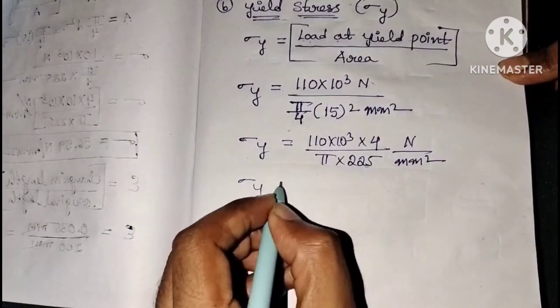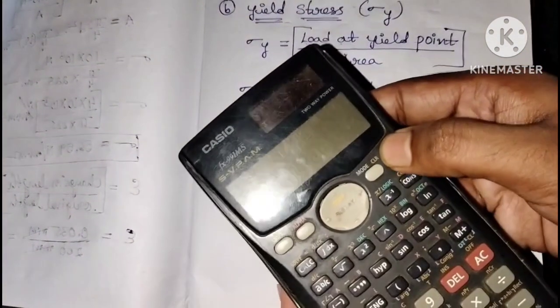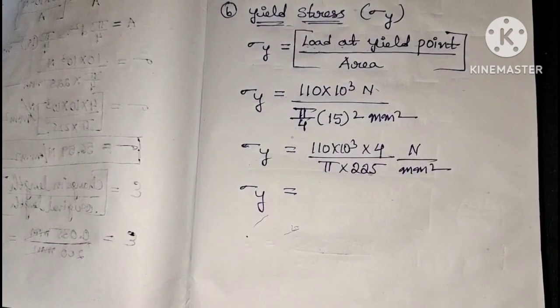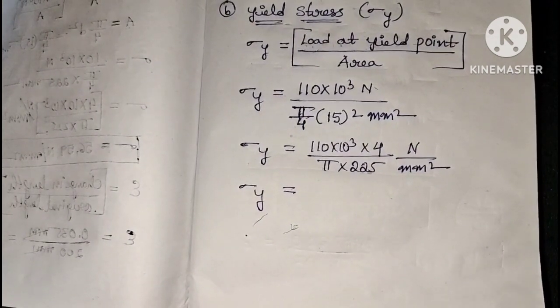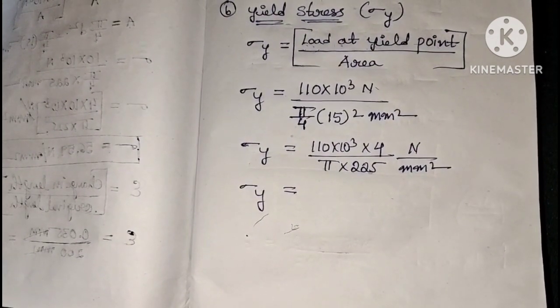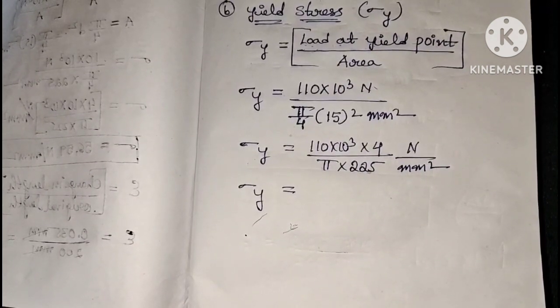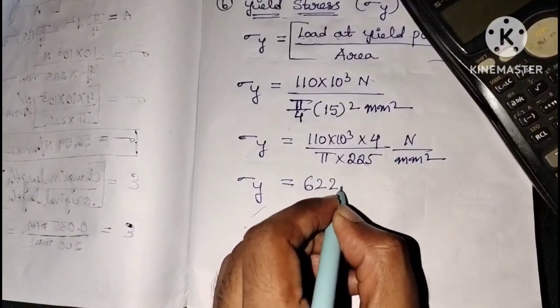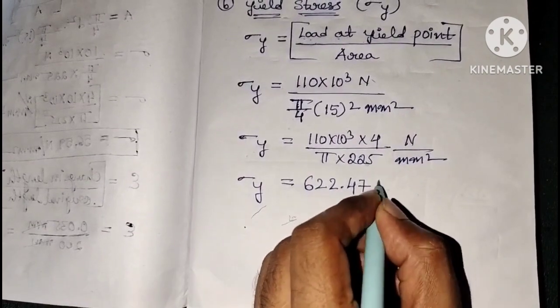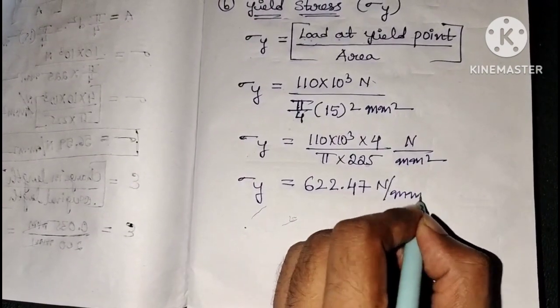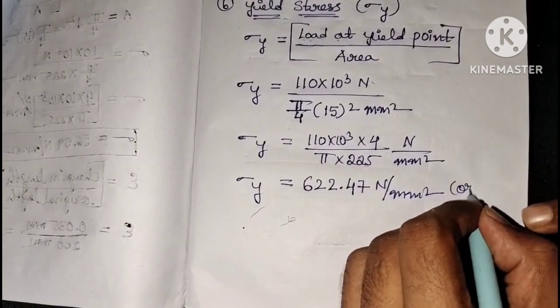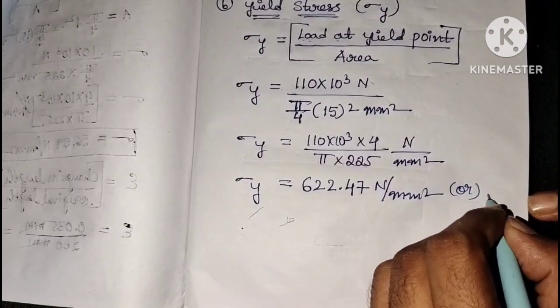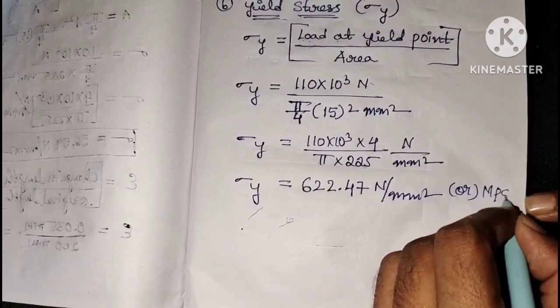Now sigma y is equal to, so let's calculate the value of yield stress. 110 into 10 cube. Okay, now here I got the value 622.47 Newton per mm square, or approximately 622.5 MPa.